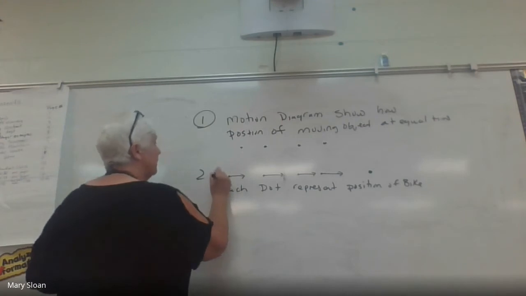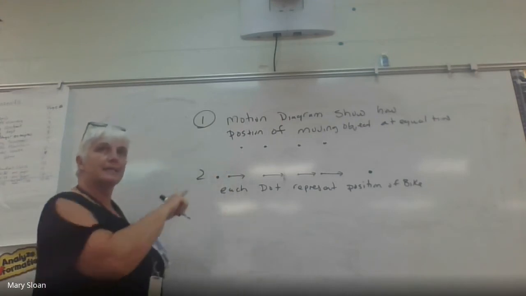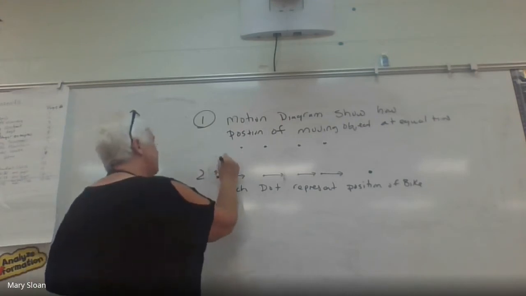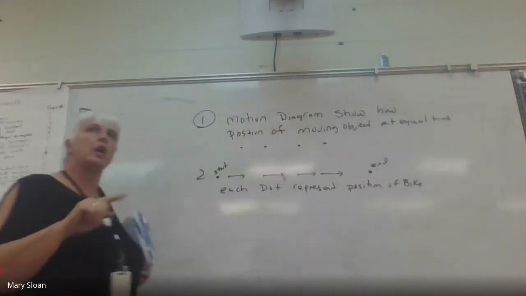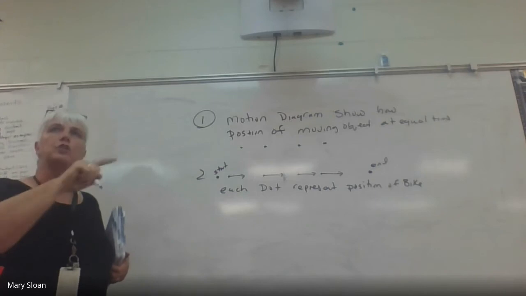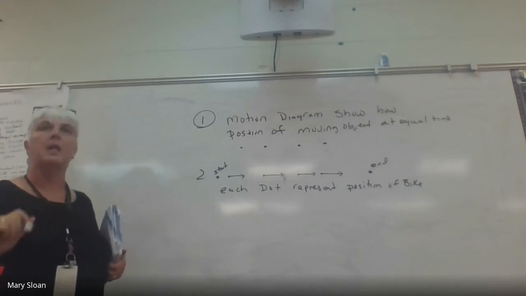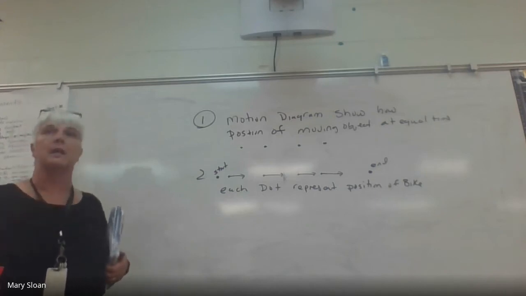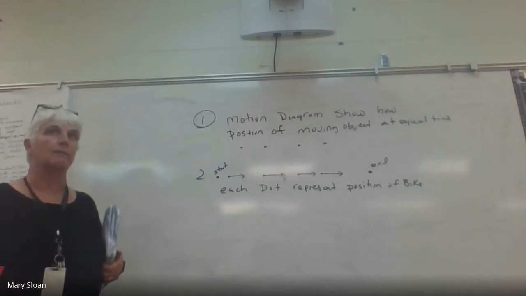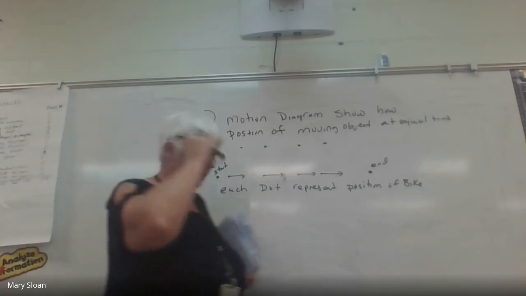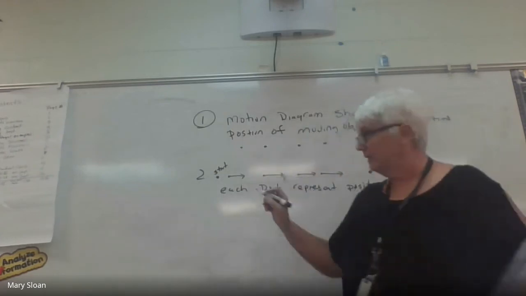If I wanted to include that, would it look like that? Yes. This would be my start position. This would be my end position. This shows me velocity and also shows me that he's moving at a constant speed until he comes to a complete stop. Does everybody understand so far? We're all good. Okay. So now let's go to number 3, Xavier.